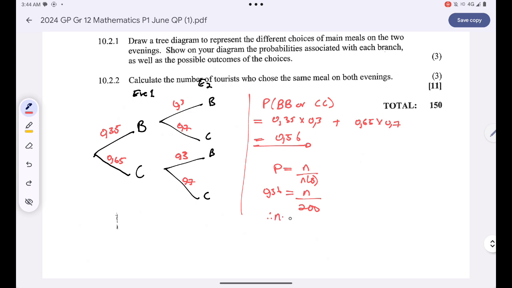So n is 0.56 multiplied by 200. That means 112 tourists chose the same meal on both days.